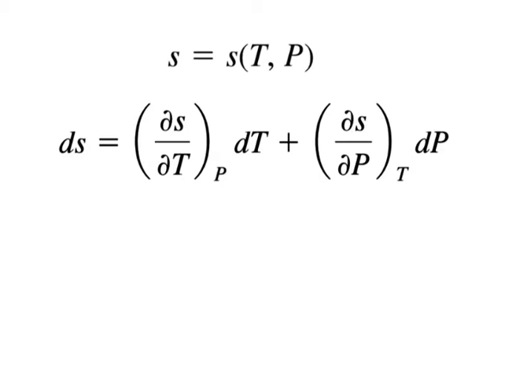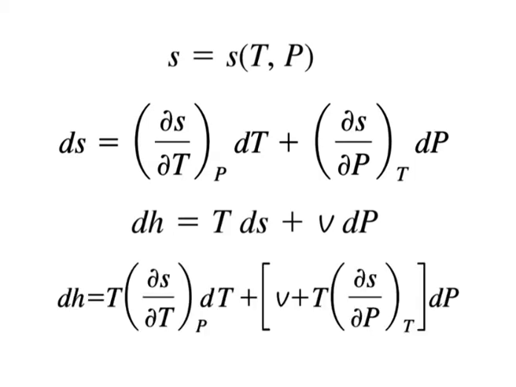Substituting this into the TdS relation, dH is equal to TdS plus VdP gives dH is equal to T into partial derivative of S with respect to T keeping P constant into dT plus V plus T into partial derivative of S with respect to P keeping T constant into dP.